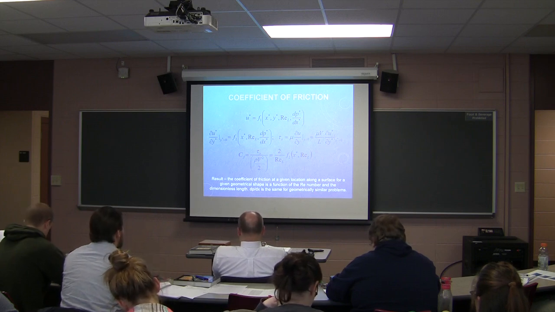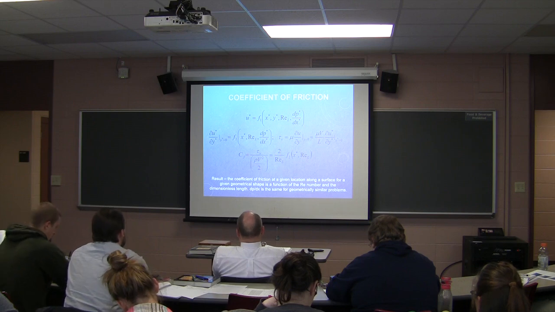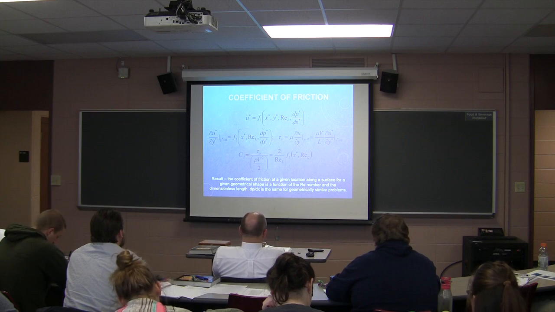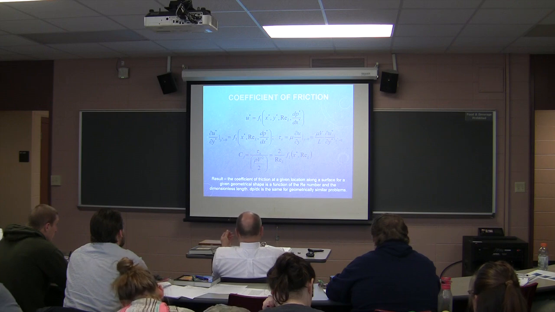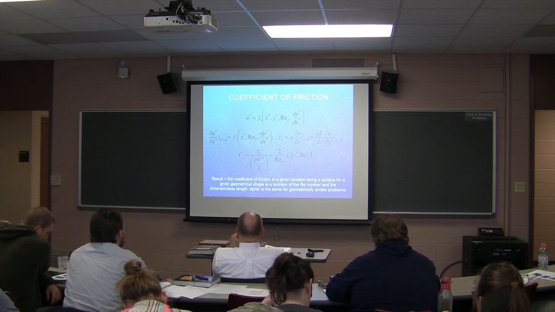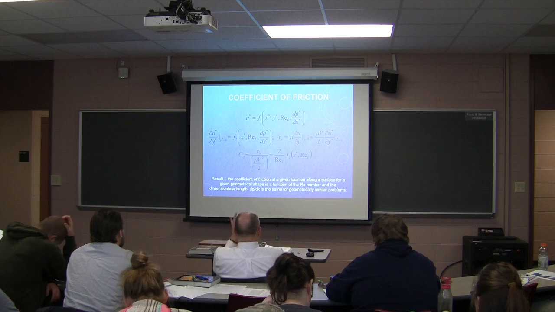The shear stress, the definition for shear stress, is equal to mu times the partial of u with respect to y, evaluated where y is equal to 0. Now if we substitute in our similarity parameters, this turns out to be equal to mu times the free stream velocity V over the characteristic length L, times the partial of u star with respect to y star at y star equals 0.